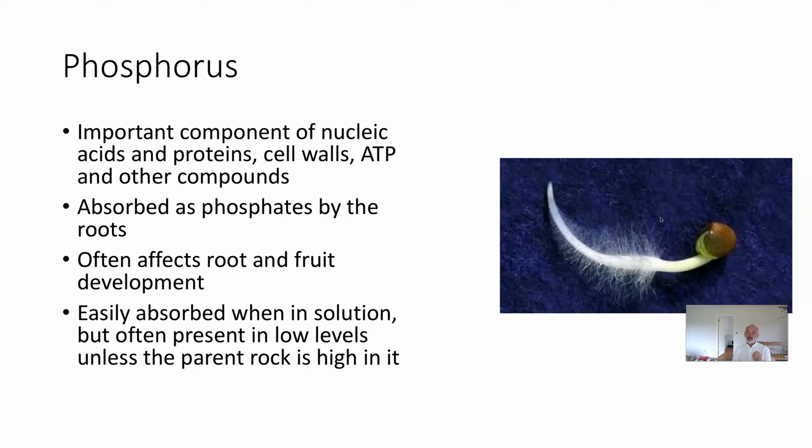Either the parent material, the rock that's forming the soil, is low in phosphorus, so there's not a lot around, or the phosphorus that's there is locked up and held very tightly by the soil. Sometimes the soil wants to hang on to that phosphorus and keep it locked up rather than allowing it to go into solution. And so that's what often makes phosphorus a limiting nutrient: it's either not there at all in the soil, or it's being locked up and isn't allowed into the soil solution or the soil water.